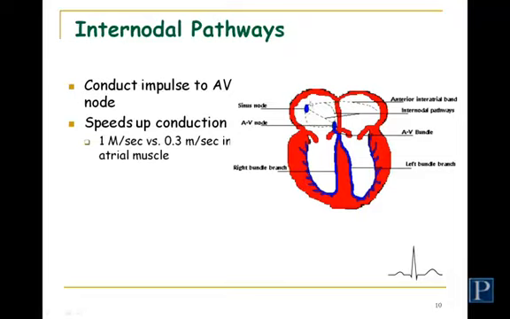Remember I had mentioned that those cells are directly connected to atrial muscle, so it will start moving through the muscle in the right atria. But you also need to get that electrical activity over to the left atria. So you have this interatrial band, which means between atria. It's going to transmit the electrical activity over here fairly quickly.